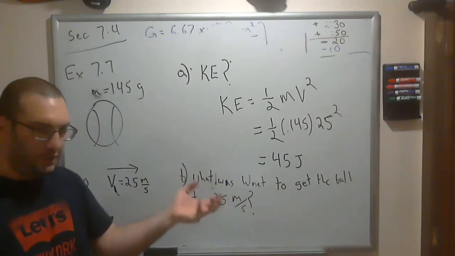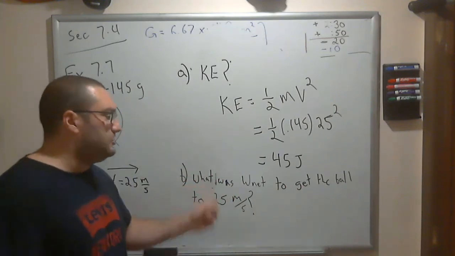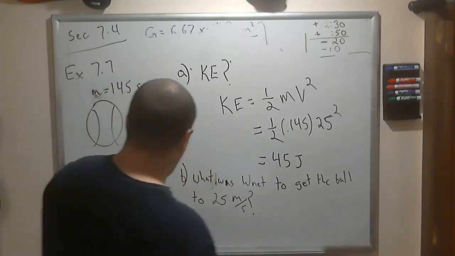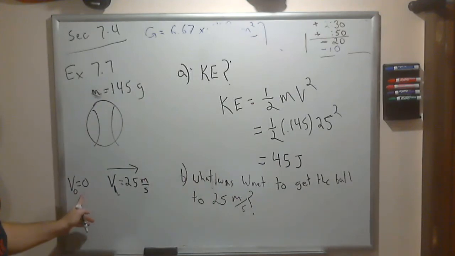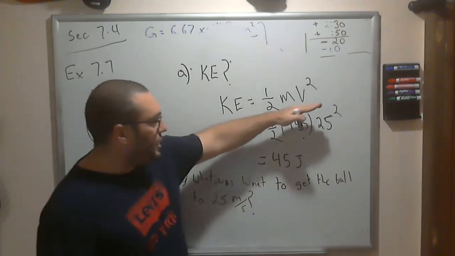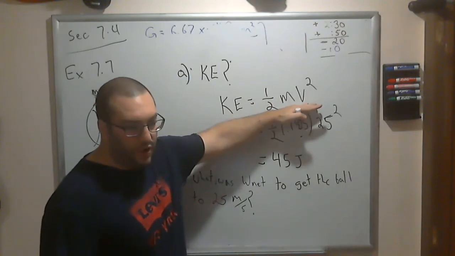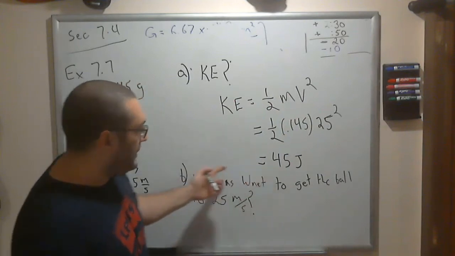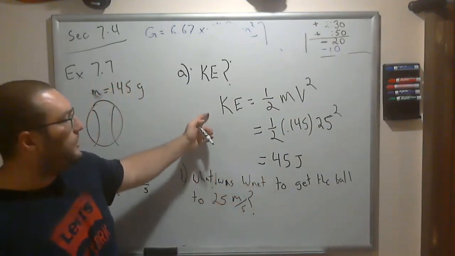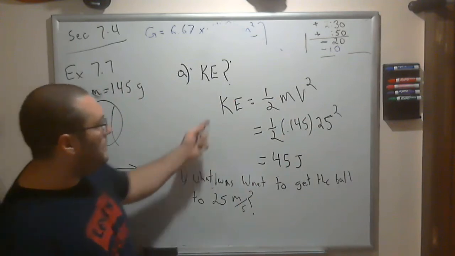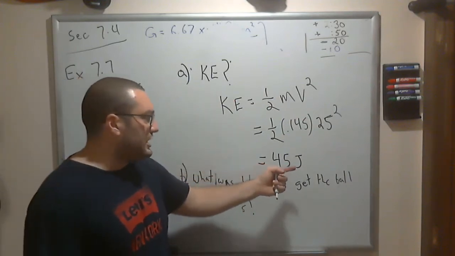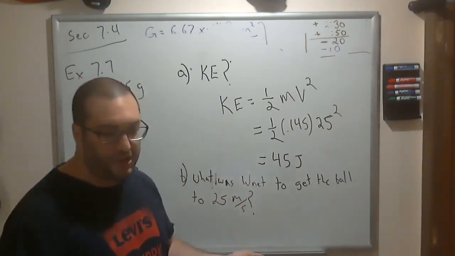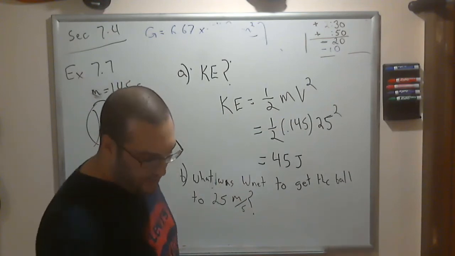That's our initial kinetic energy. And the net work that was done is this change in kinetic energy. How much energy do I add to the ball? And here, we start off with a velocity of 0. So all this energy is what we add to the ball. If the energy of the ball is initially 0, and now its final kinetic energy is 45, that's how much work we put in, right? Because initially there's no energy.